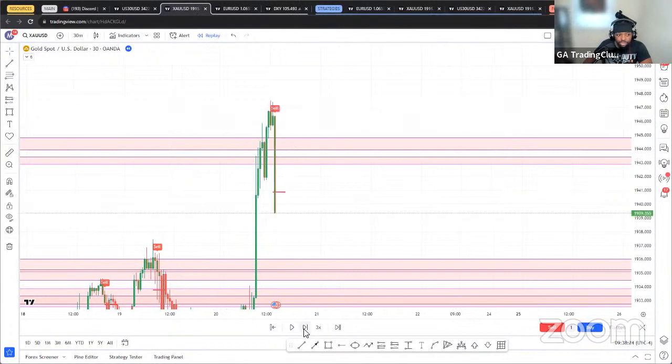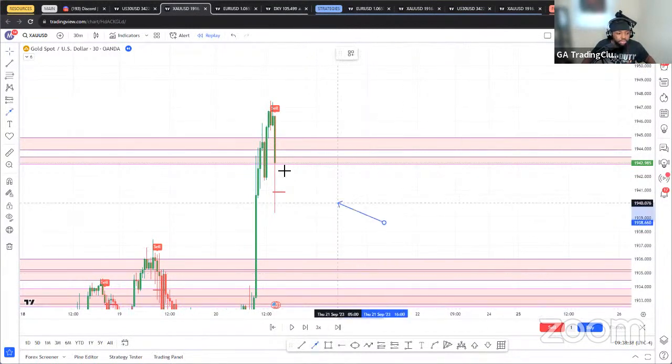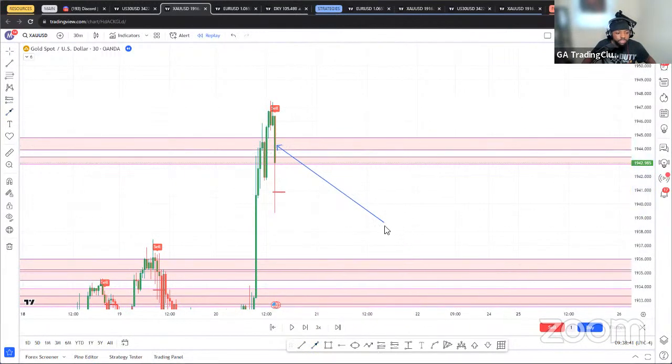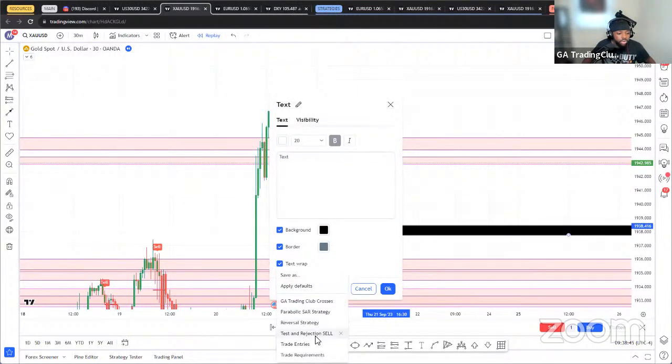When FOMC happened, that was the drop right there. This candle broke and closed below this sell SAR zone at the top here. Okay, that's step one. Let me mark this up. You've already achieved your break and continuation entry right there.